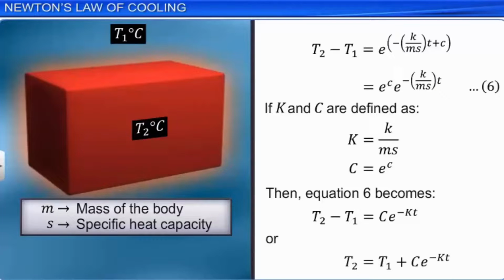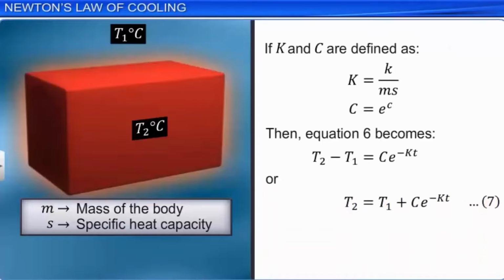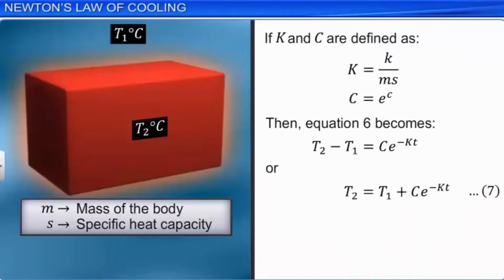This equation can be used to calculate the time taken for a body to cool through a particular range of temperature. The law is applicable to small temperature differences. Even when the transfer of heat is due to a combined effect of conduction, convection and radiation, the rate of cooling is proportional to the difference in temperature.